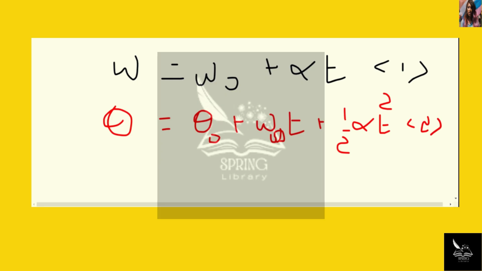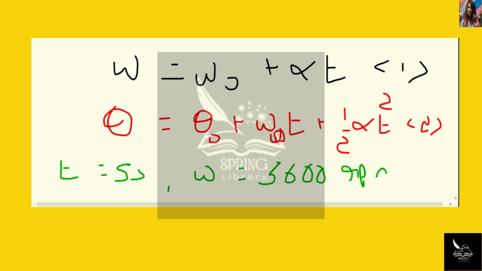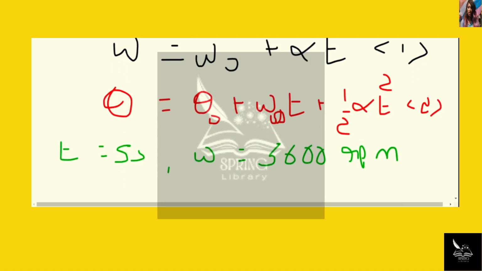Now moving further to solve the first part, at startup, the conditions are theta 0 is equal to 0 and omega 0 is also 0. So at time t equal to 5 seconds, the omega is 3600 rpm. First of all, let's simplify the omega.